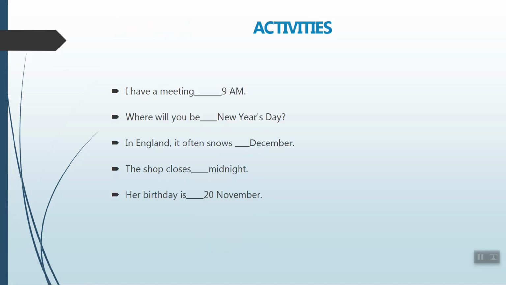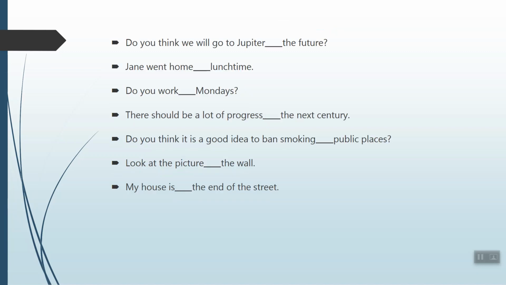Okay. Here we have what? Here we have activities. When you read this and when you listen to this video, to my lecture, you can go and write and solve these activities. It's for you, okay? To check yourself whether you are good at knowing the prepositions or not.